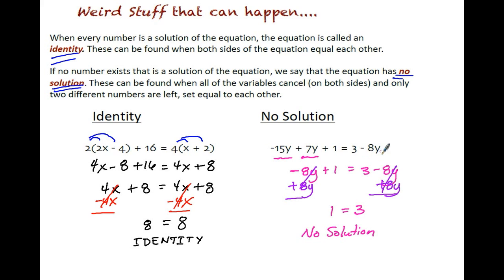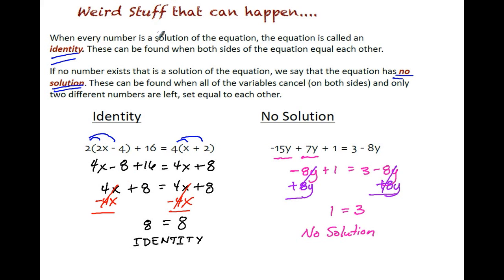So no solution means any number that you plug in for y, or the variable, does not make them equal. Identity means that whatever number you plug in would make them equal. In both cases, the x's cancel, or in this case the y's on the no solution example cancel, and you can't solve it, you end up with numbers. So that's what it is.